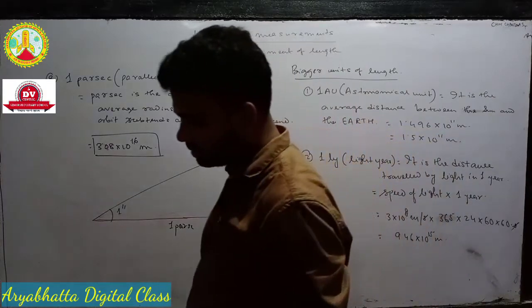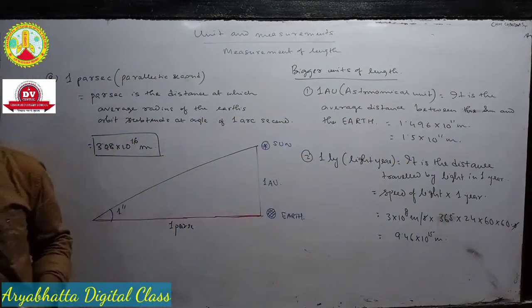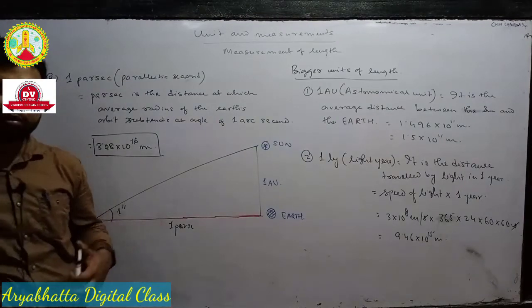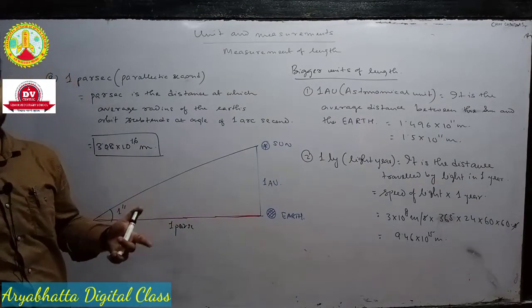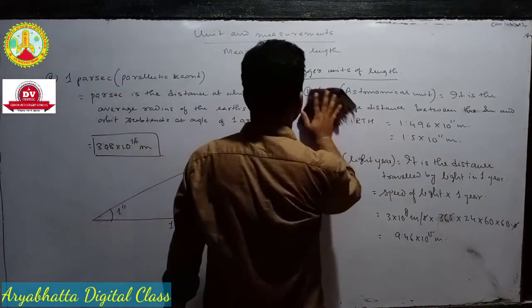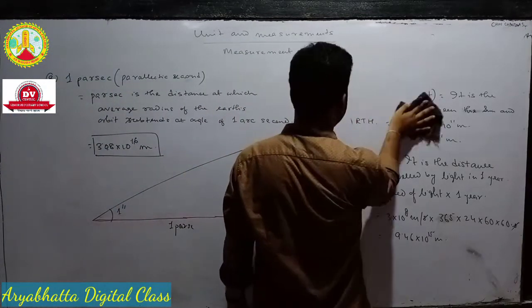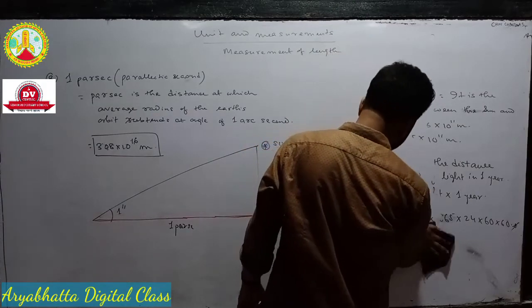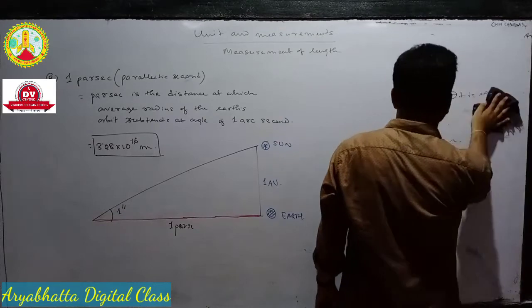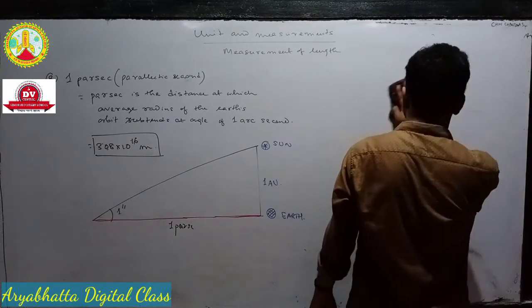Now I said degree, radian, and degree, minute and second. So you must know how to convert degree into radian, minute into radian and all these things. In measurement of angle, you have to be very careful. So I will give you some data now.